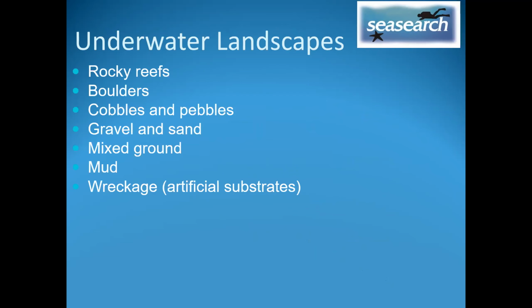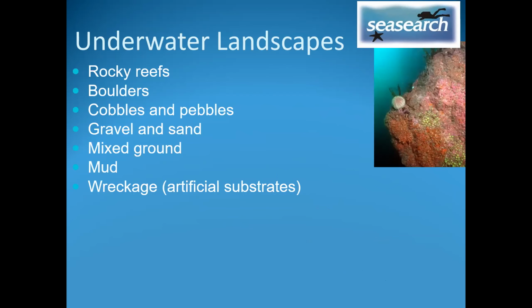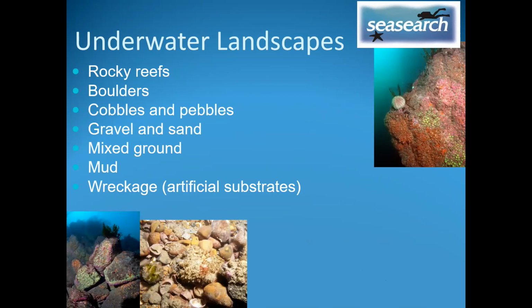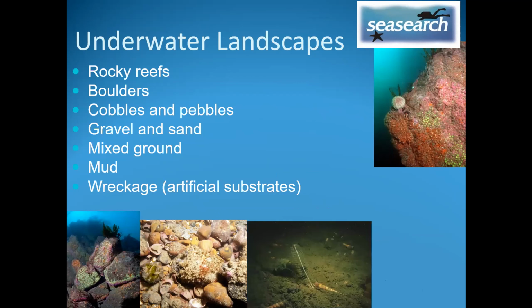The next thing you need to be aware of is the underwater landscapes. The primary ones that underwater landscapes are categorized in, at a rough level, is rocky reefs, and I think we all know what a rocky reef looks like. Boulders, large, bigger than your head. Cobbles and pebbles would be another categorization. Mud.